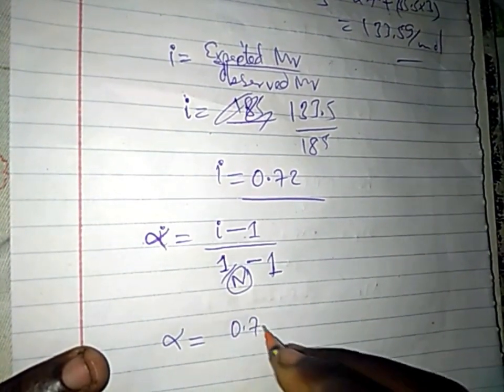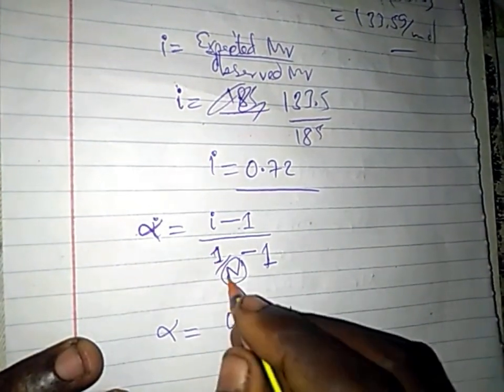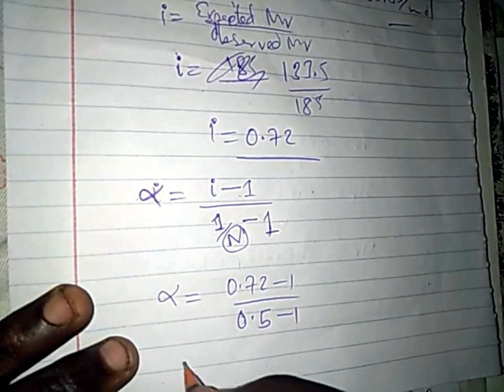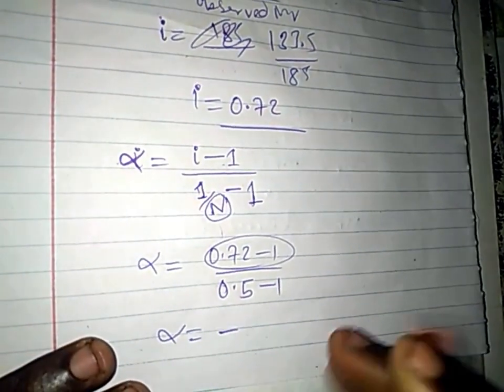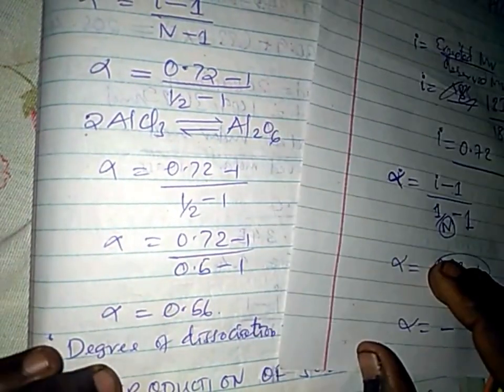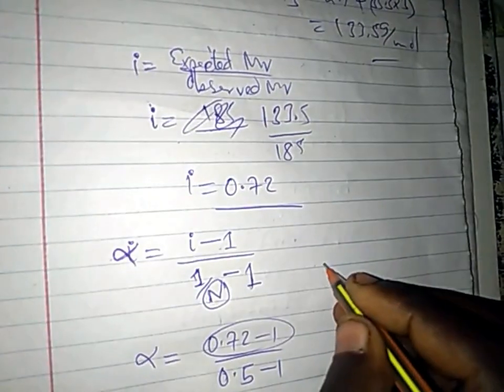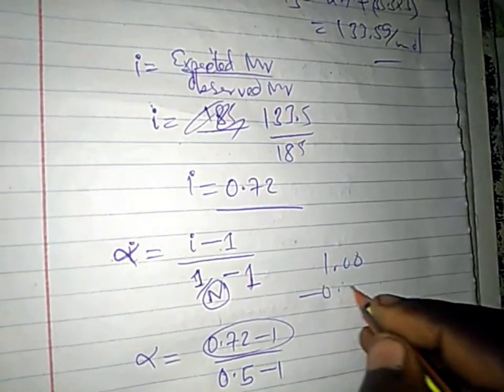Ni 0.72 minus 1 divided by 0.5, kwa sababu it is 1 divided by 2, that is 0.5, minus 1. So degree of association itakuwa ngapi?